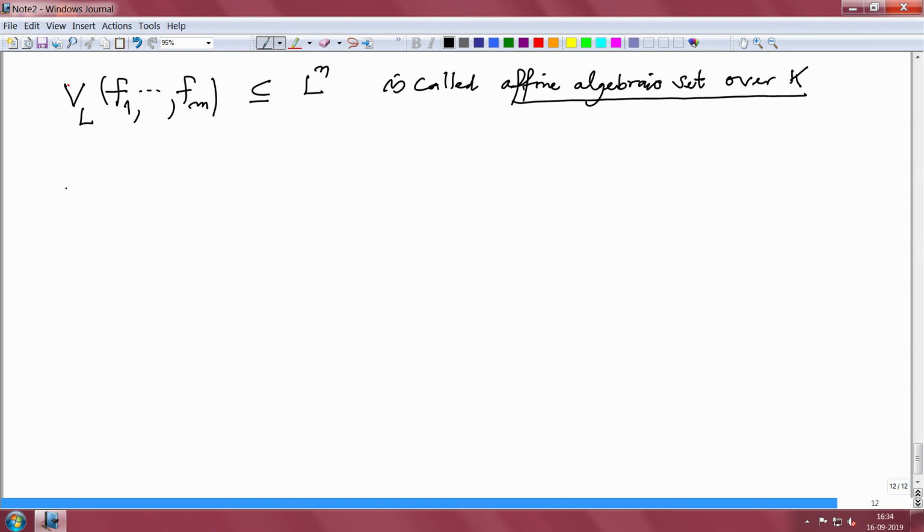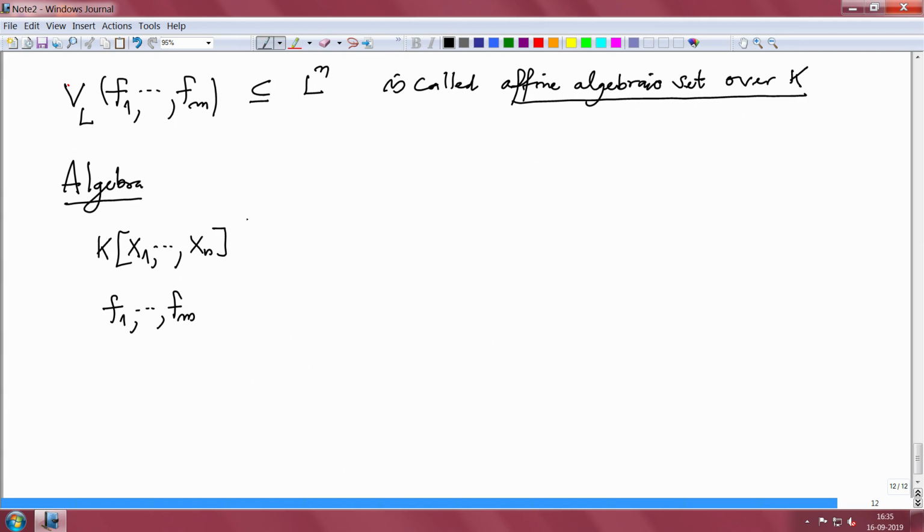So the algebra involved is, we started with the polynomial ring in n variables over K, and we started with m polynomials. Now I want to remind you there is something called an ideal.